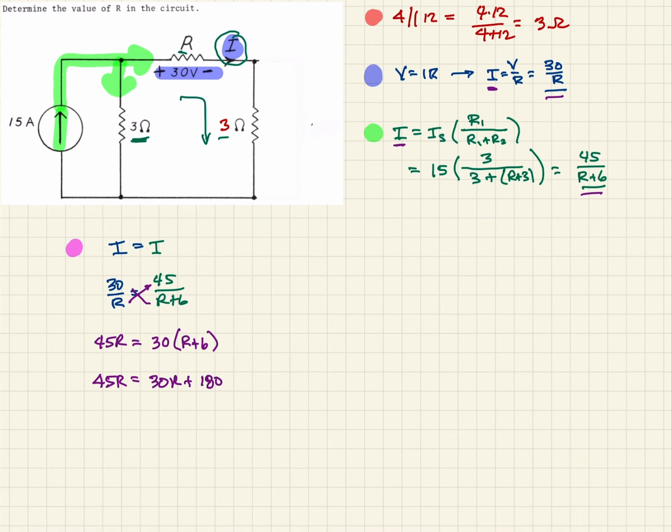Subtract 30R from both sides, we'll have 15R is equal to 180. And so now finally R is equal to 180 over 15, which we divide that out, and we get 12 ohms. So that is the answer to the question. R here is equal to 12 ohms.